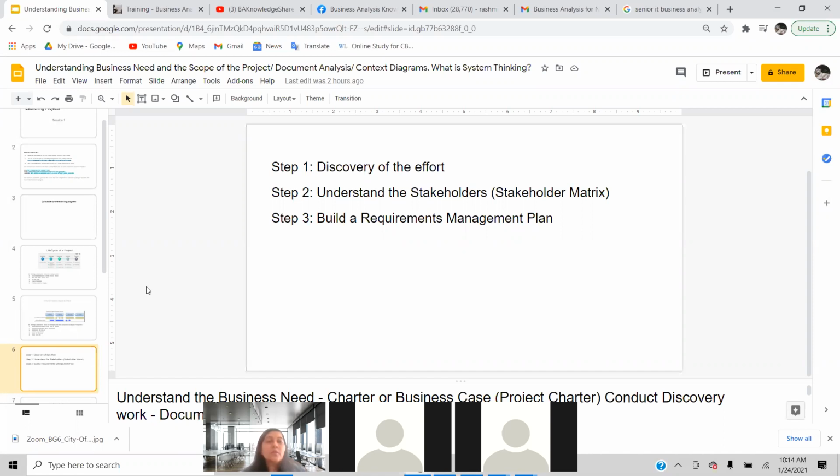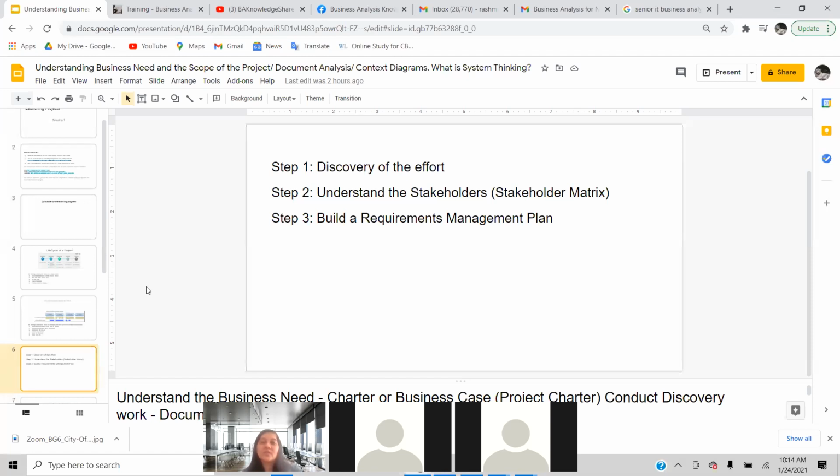So, simple 3 steps. When you get a project, and I'll introduce you to the case study shortly, there's 3 very basic simple steps. Number 1, discovery of the effort. That's step 1. Step 2 is you need to understand the stakeholders. In this case, as an example from earlier on, you were part of the planning, right?